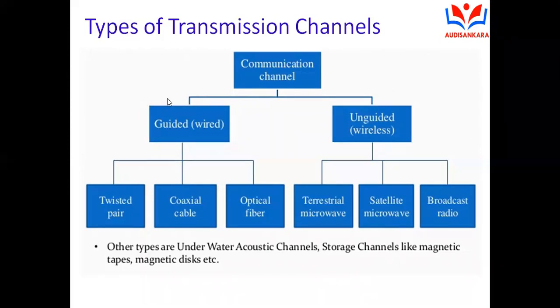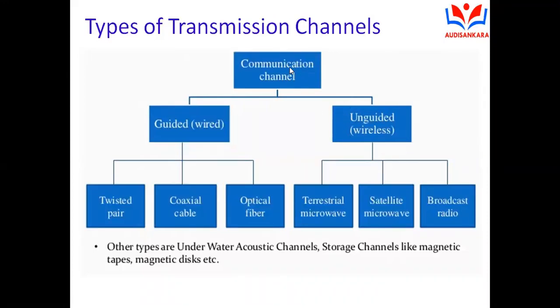guided transmission media. Whenever the distance from the transmitter to receiver is long, there is no physical path between them, and the entire information is propagated in free space. That is nothing but an unguided transmission medium, referred to as wireless.